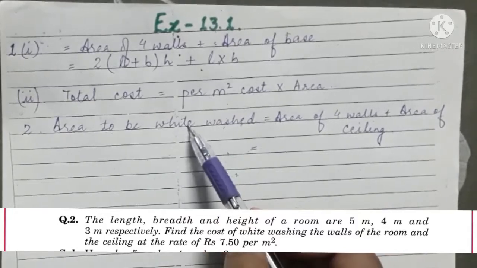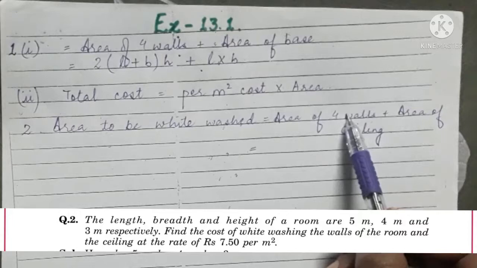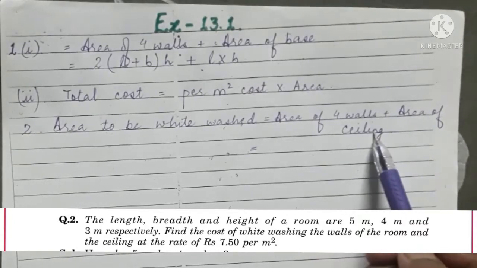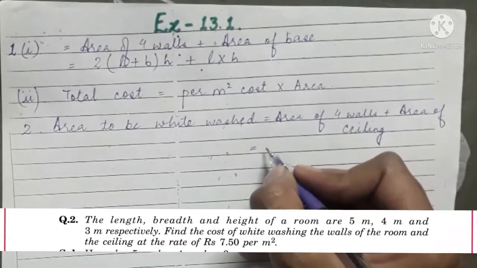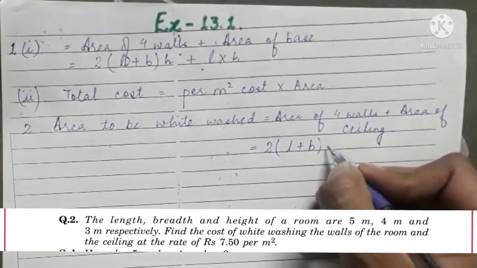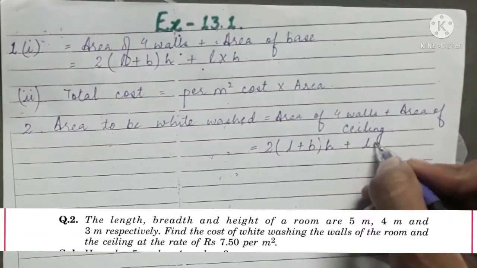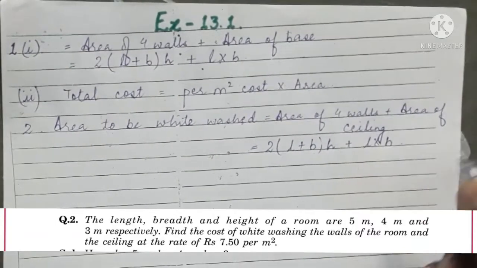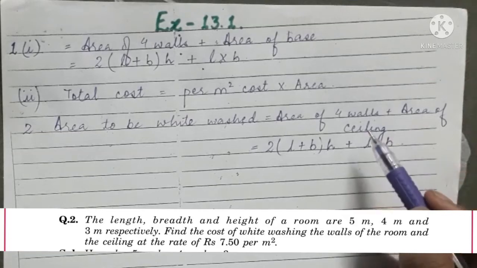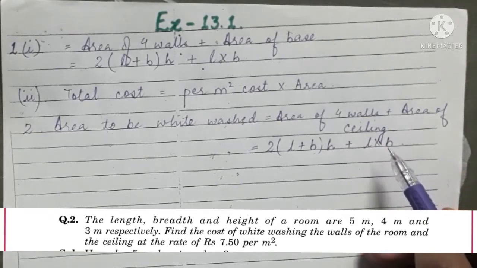So the area to be whitewashed is equal to area of four walls of the room plus area of ceiling. Just now we have studied that area of four walls is given by 2(L plus B) multiplied by height, plus area of ceiling will be L into B. Area of ceiling and area of base both are the same, that is length into breadth. Remember this.